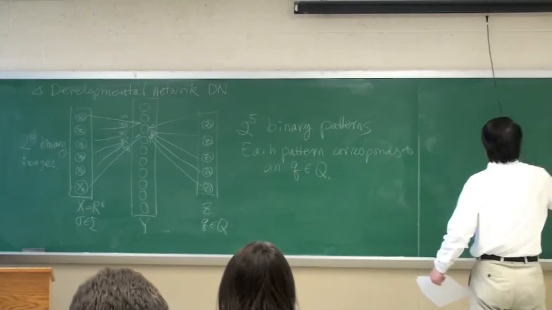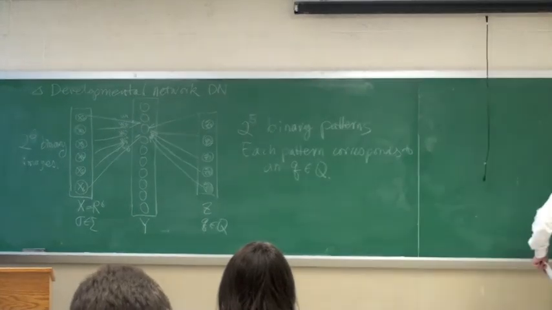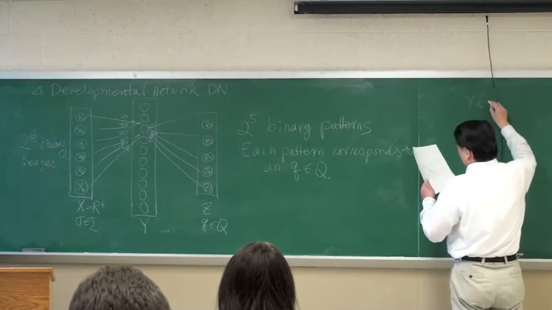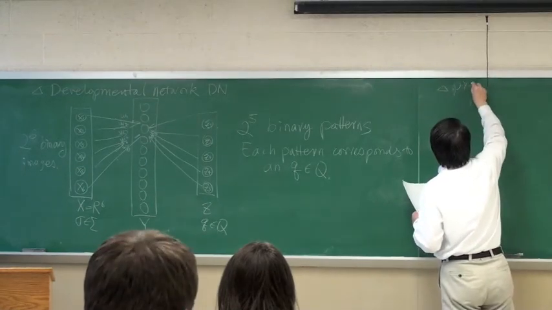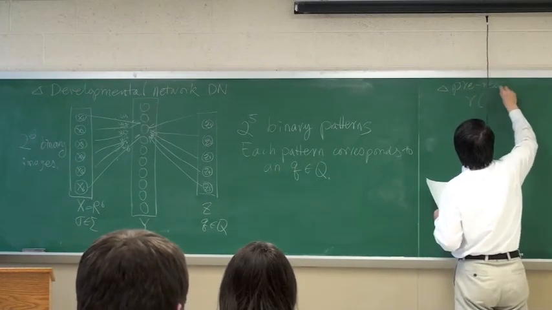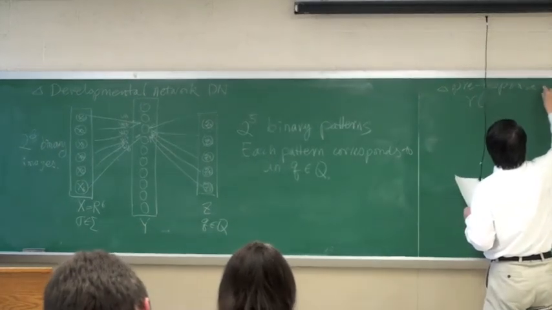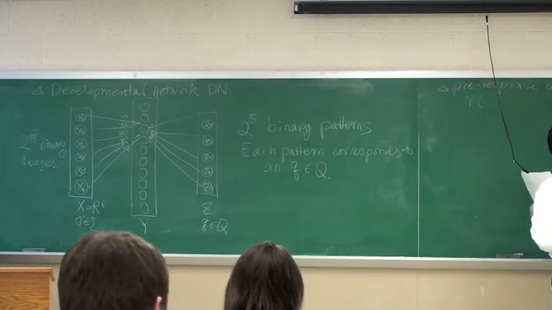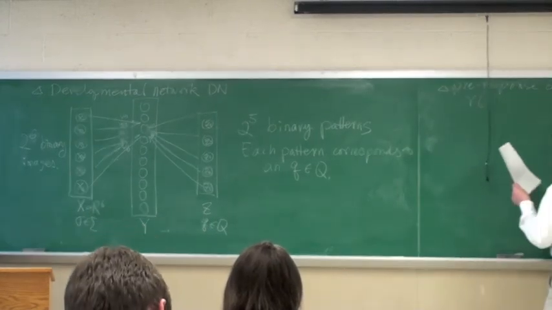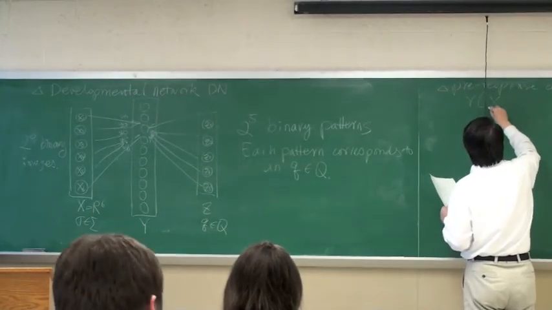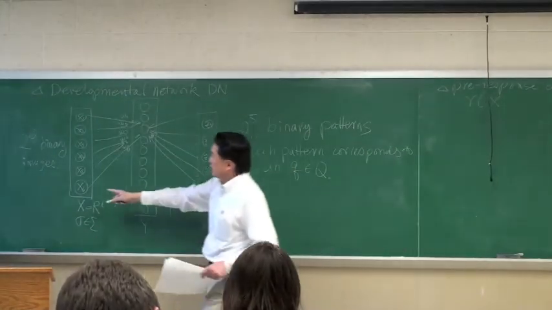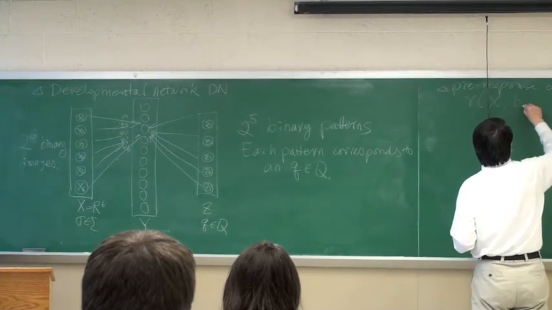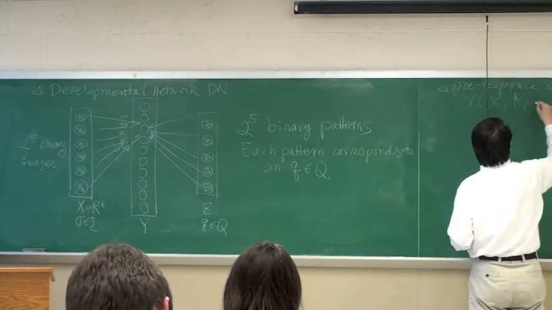Each Y neuron has two types of input. The bottom-up input gives a response called the pre-response of the Y neuron. So you have an input x vector, and a weight for bottom-up vector.